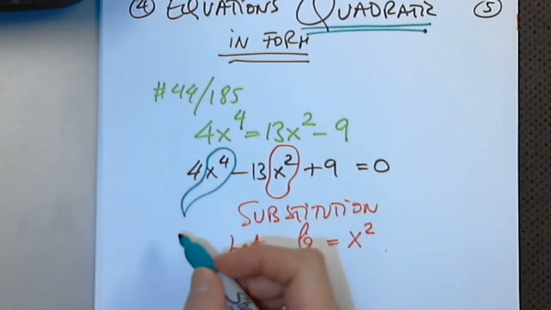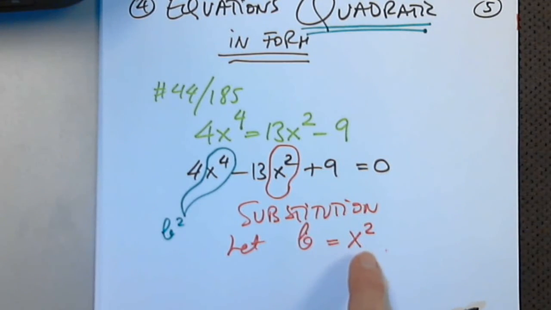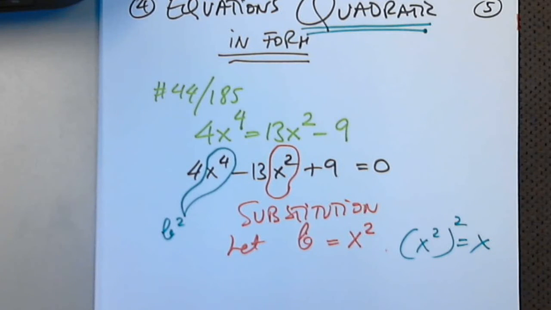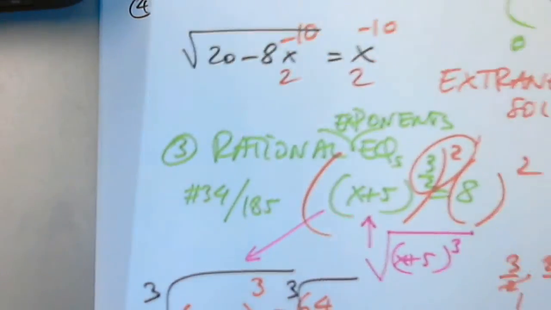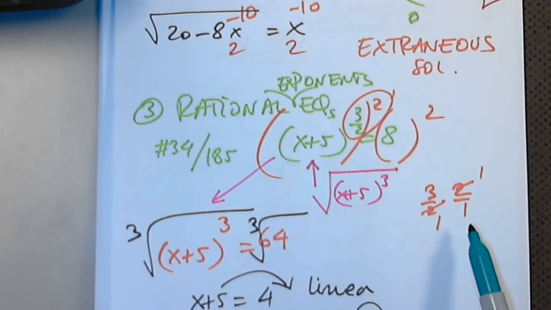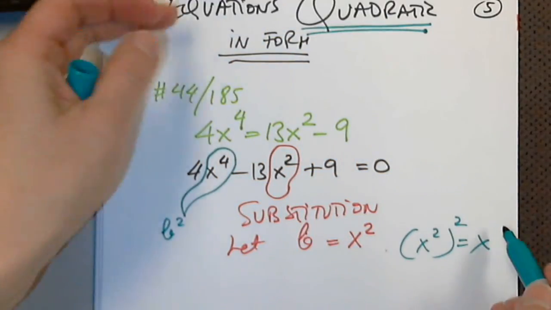So this is indeed b squared, because when I square x squared, what do I get? Copy the base, what happens with the exponents? We just did that a few minutes ago. Copy the base, we multiply the exponents, right? So I have to multiply, so this is 4.